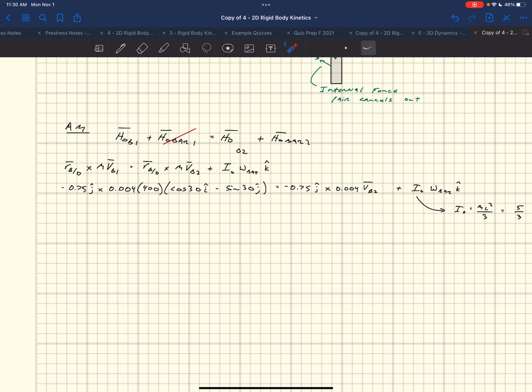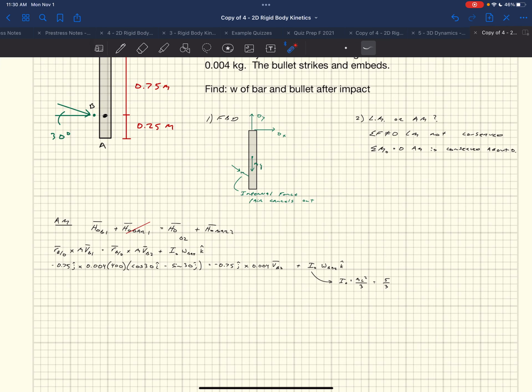I could say, all right, now that the two are acting together and they're stuck together, I would have you use the parallel axis theorem and figure out a new I that includes this guy and this guy. You'd have to calculate a new mass center, and then you could figure out what the I is about O as you went along. You absolutely could do that, right?